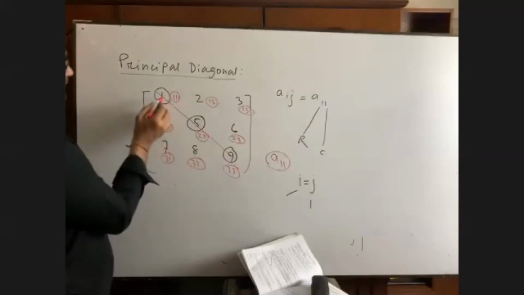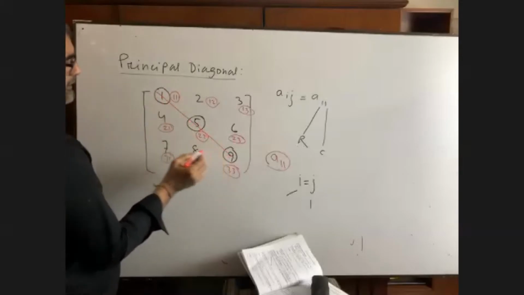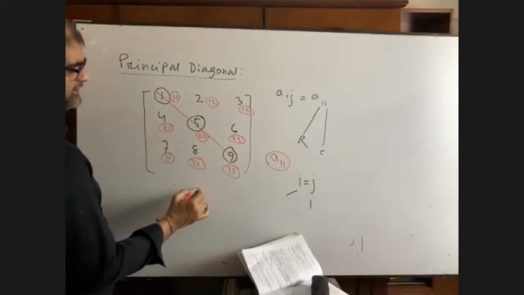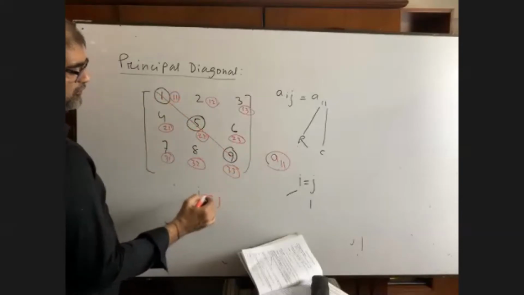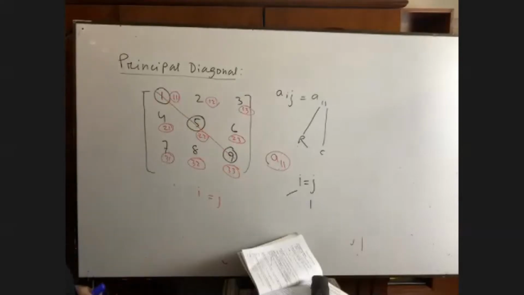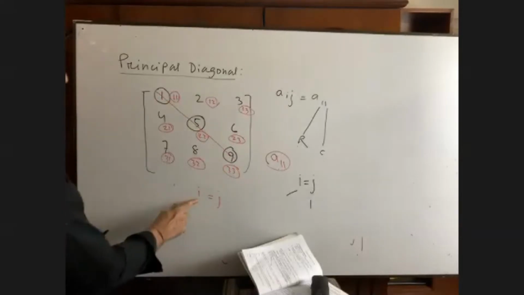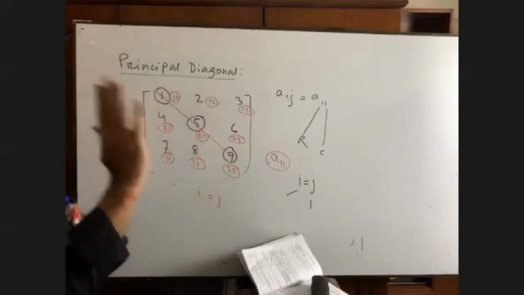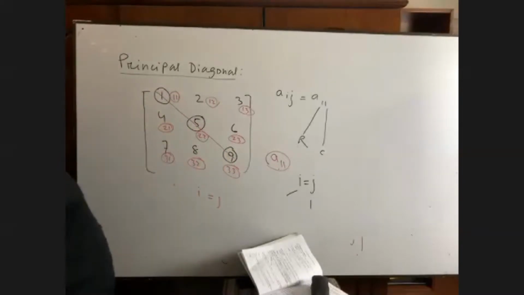Have you seen? The entries are 1, 5, 9. Here it is 1, 1; 2, 2; 3, 3. They are i and j, and here i equals j. That is, row and column are equal. Is it okay? Yes, sir.